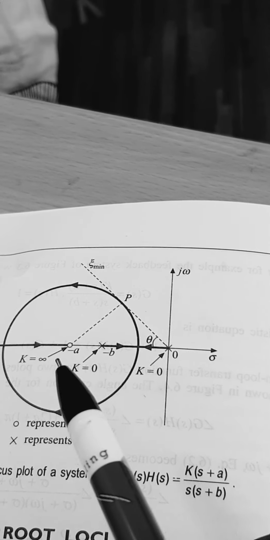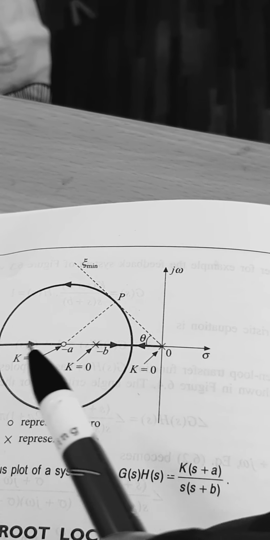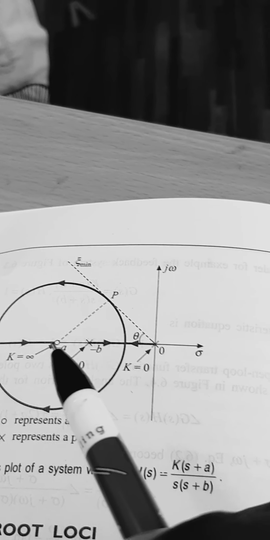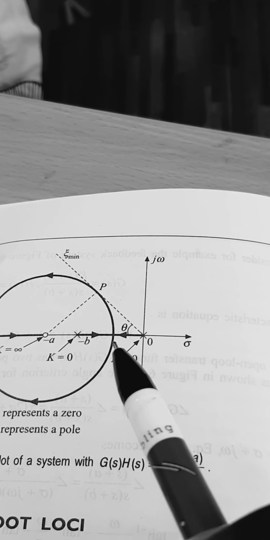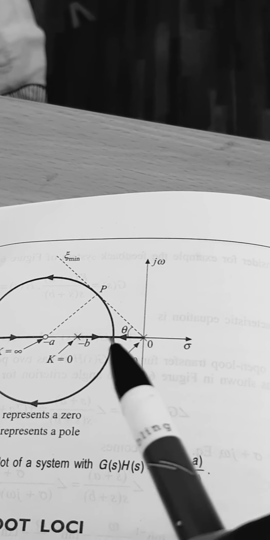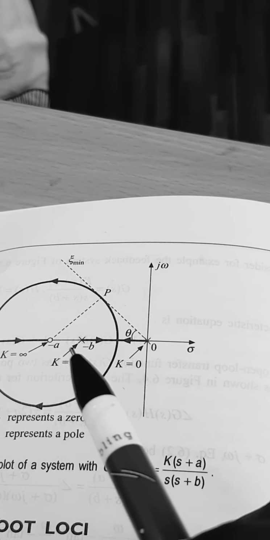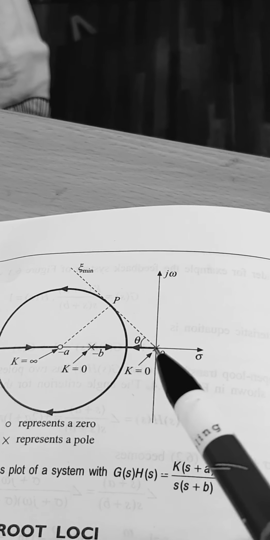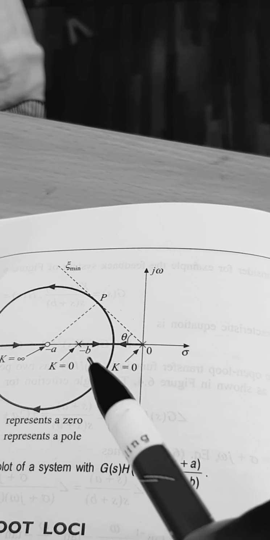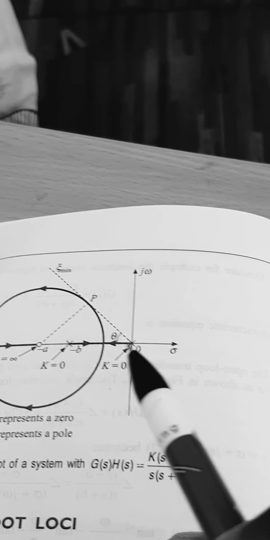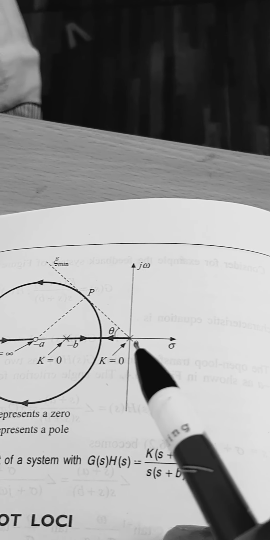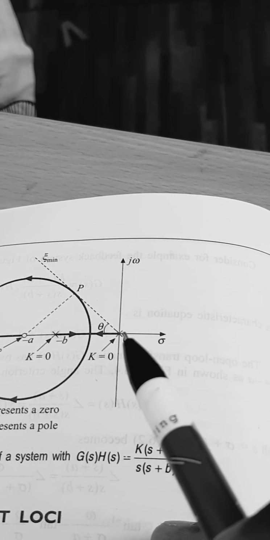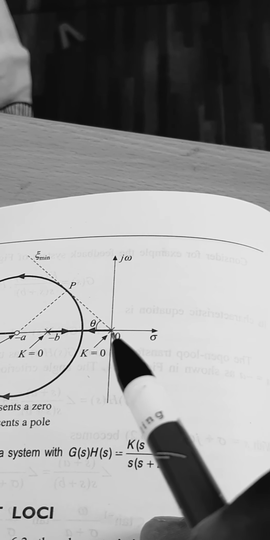When you are considering this segment on the real axis, you can see the number of poles plus zeros is equal to 1, 2, 3. That is 3, an odd number. So this is included in the root locus. And the segment between minus B and 0, you can see that to the right of this there is one pole, so an odd number of poles or zeros is there.